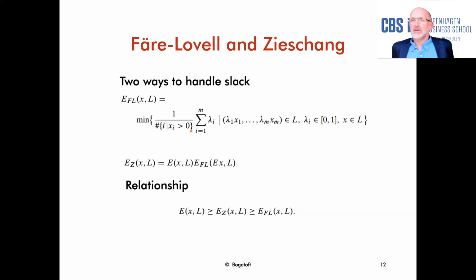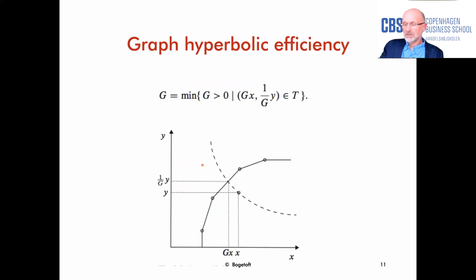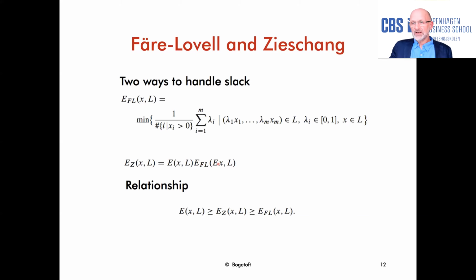There's another proposal, namely the Zieschang efficiency measure. The idea is that first you project to the efficient frontier using the Farrell proportional approach. After that, you use the projected point and evaluate its Färe-Lovell efficiency relative to the technology.